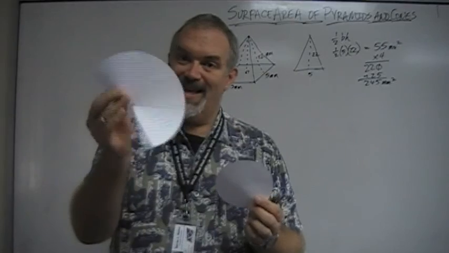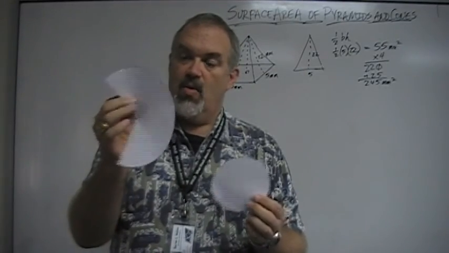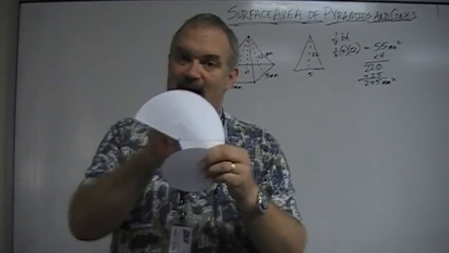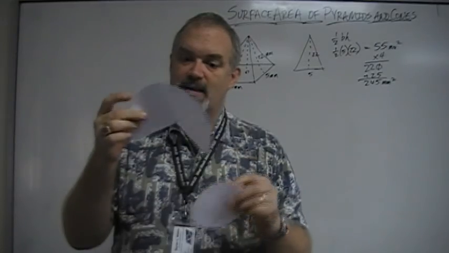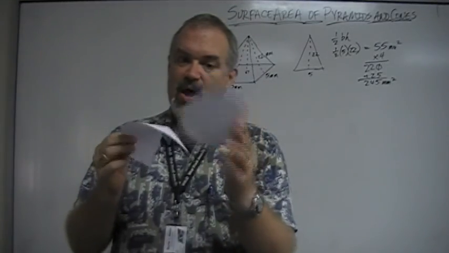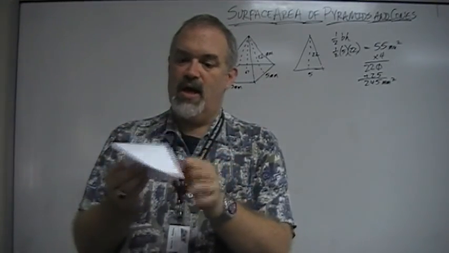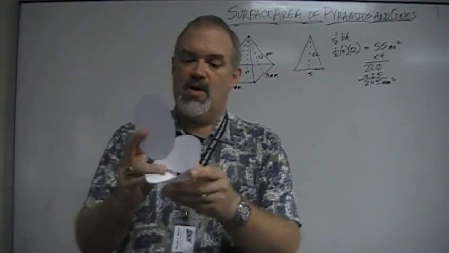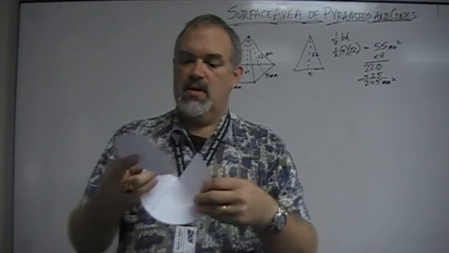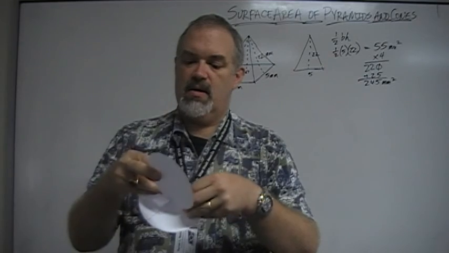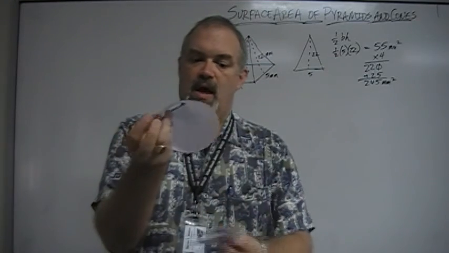Now, how am I going to get the area of this thing? Well, the line around the outside is the same as the line of my circle. Okay? Remember, I make my cone this way. And then that goes there, so they're the same.